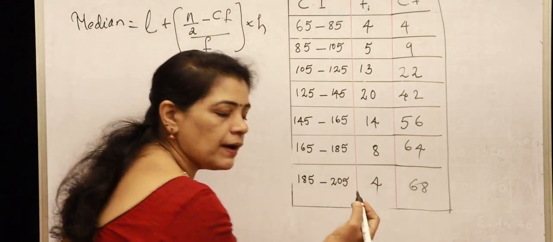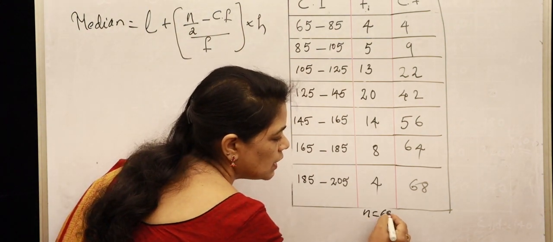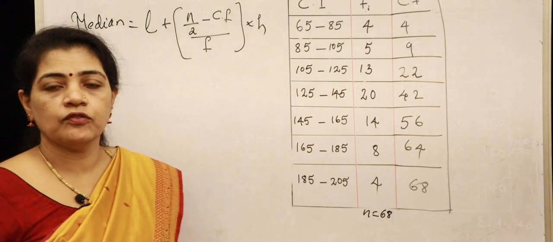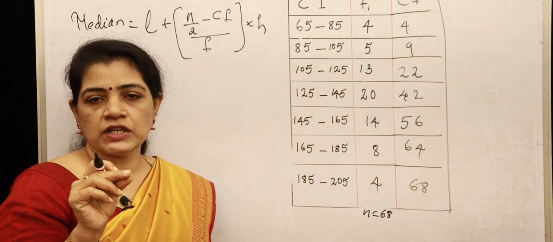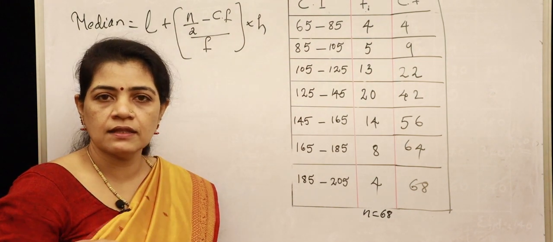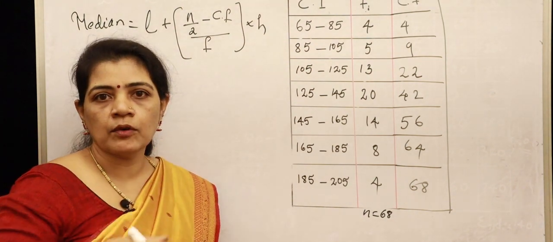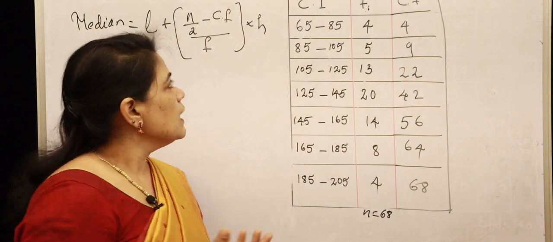Here this sigma fi is also represented with n, and we are talking about the monthly consumption of electricity of 68 consumers. So small letter n, or sigma fi, or capital N, all these three are the same. Thus the total number of frequencies is 68, and n by 2 is its half.